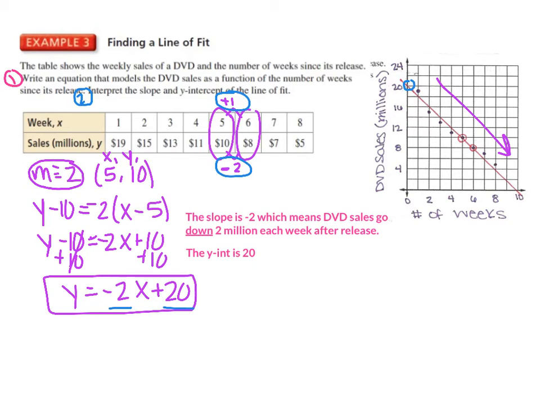It would be like the starting amount in theory, but in this actual situation, that doesn't really mean anything because we haven't sold any DVDs yet. So they didn't really ever sell $20 million in DVDs, right? That's kind of like if we could go back in time, that's what they would have done, or that would have been like the projection. But we'd say this time it has no real meaning because we didn't sell any DVDs week 0 in reality.